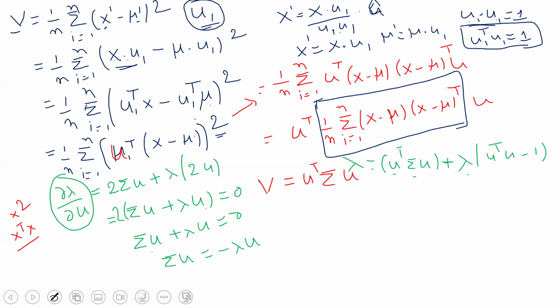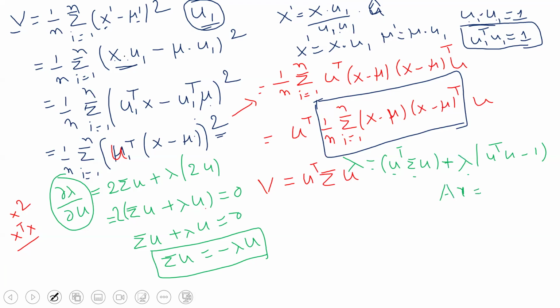Okay. So if you look at this, are you able to remember anything from eigenvectors and eigenvalues? How do we find the eigenvectors for a given matrix A? You have seen that, right?